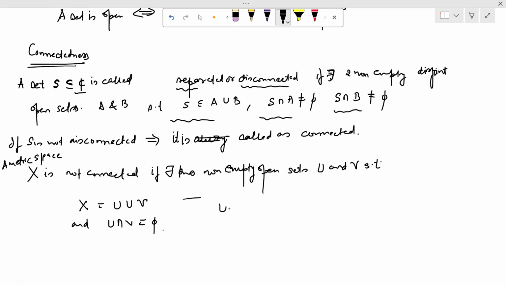Okay, and we generally say that this (U, V) is a disconnection in X.